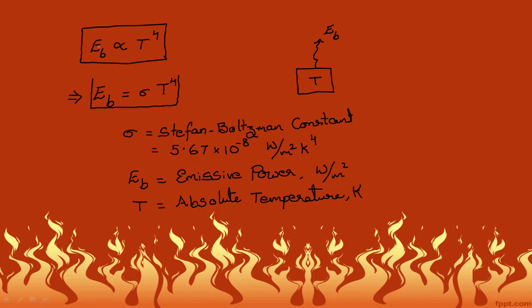Now, this Stefan-Boltzmann law is talking about only the emissive power of the black body. In order to have heat transfer by radiation between two objects, let us say there are two different objects at different temperatures. Let us say the absolute temperature of the first object is T1 and that of the second object is T2.